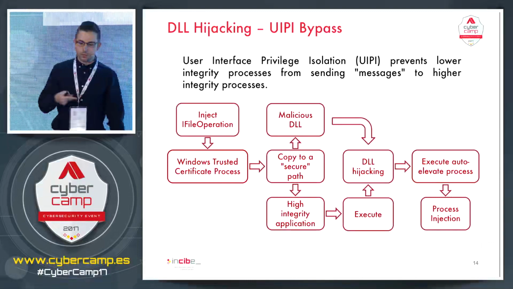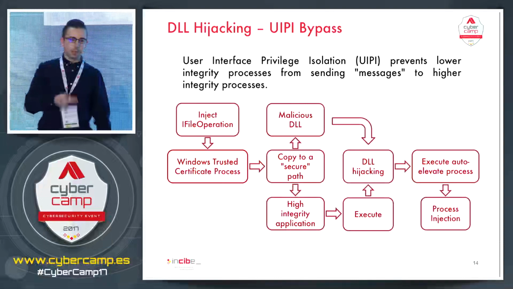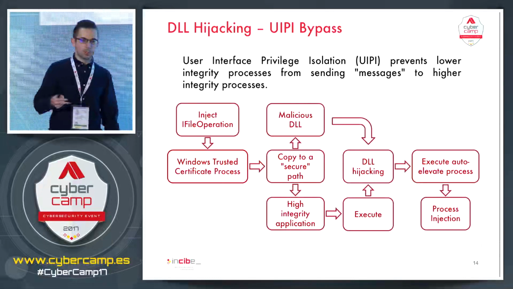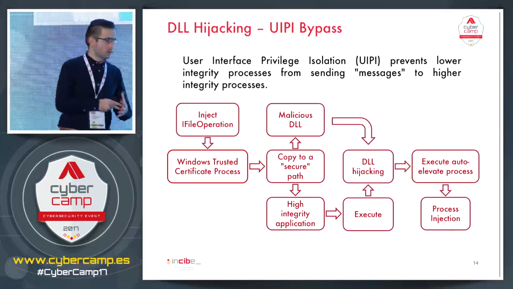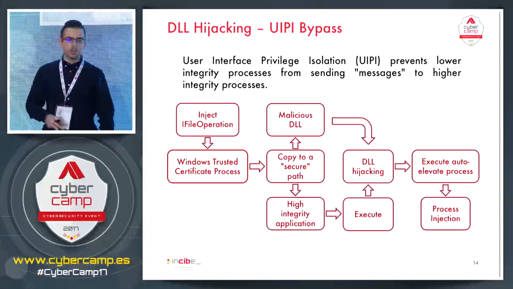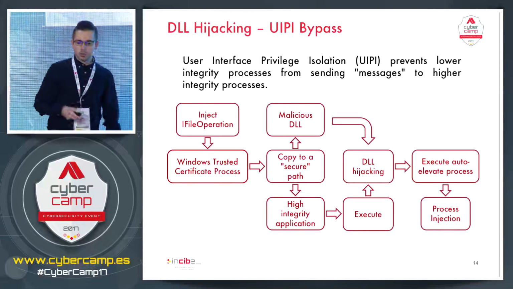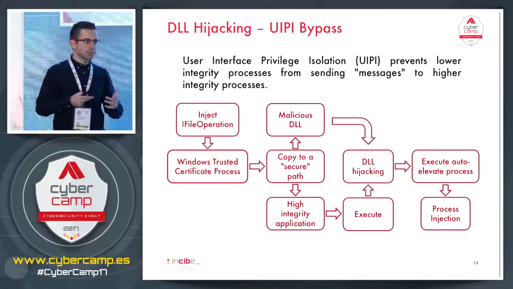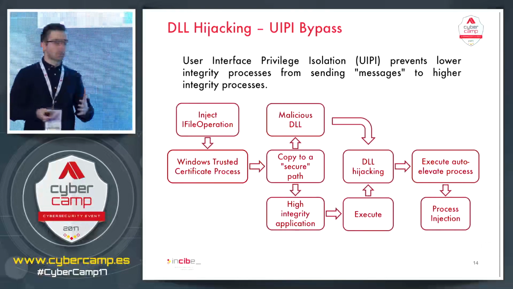The first step, therefore, is to inject the IFileOperation within a Windows trusted certificate process that will allow us to copy 2 elements, a process that is going to be run with a high integrity level and a malicious DLL. Both elements will be copied inside a secure path, as Microsoft calls it.